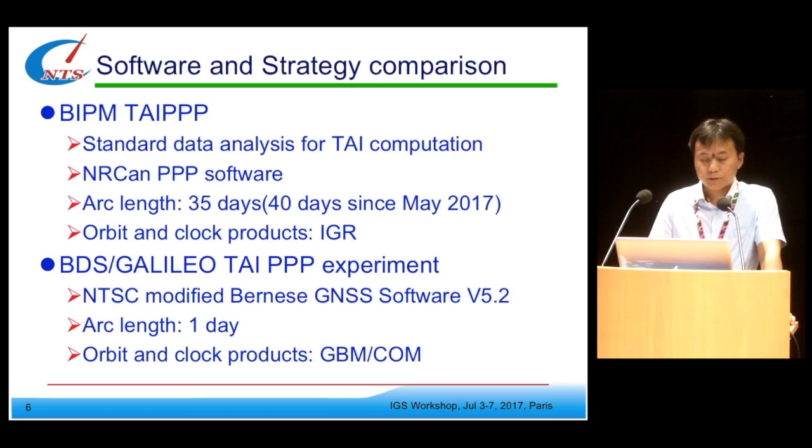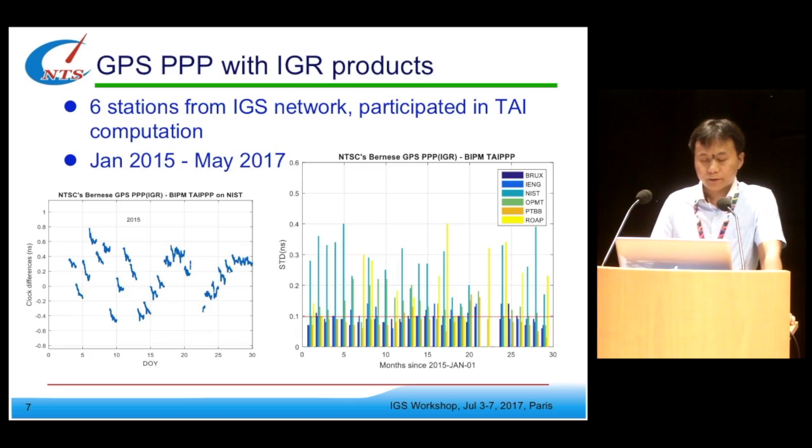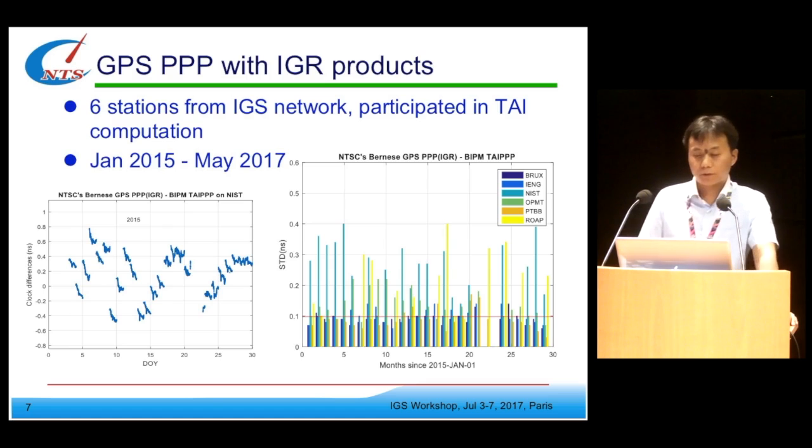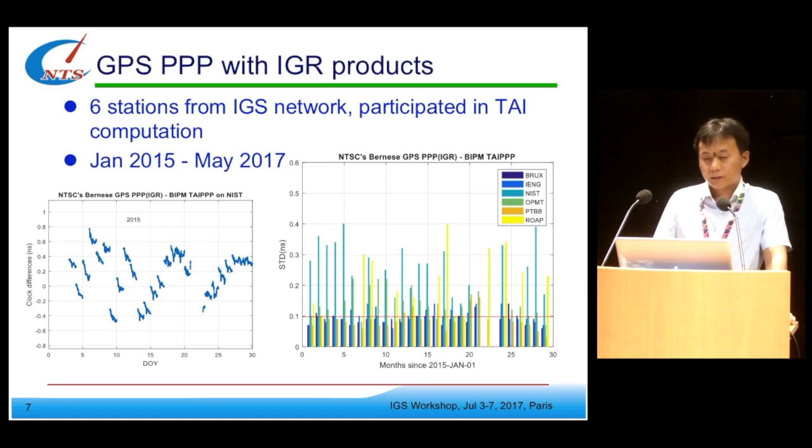First, we use the same data and products as BIPM, to see the consistency of our daily GPS PPP results with the results of monthly BIPM TAI PPP. 6 stations from the IGS network were used.